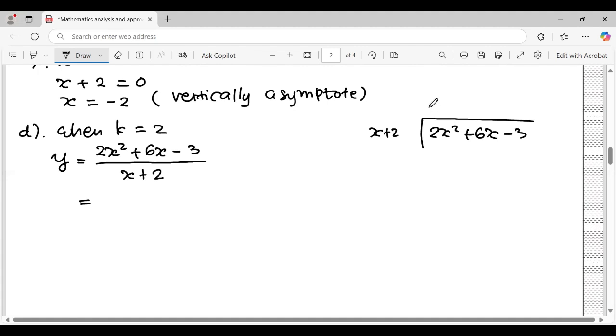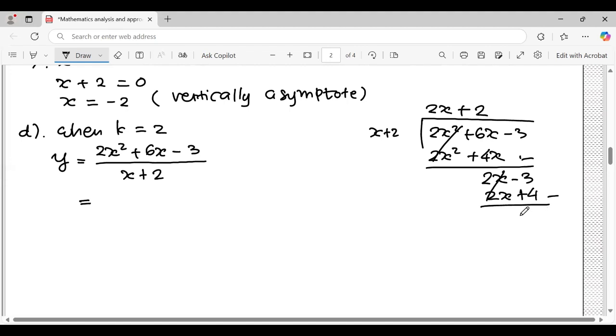Times 2x, this is 2x squared plus 4x. And it is 0, 2x minus 3. Next, times 2: 2x plus 4.